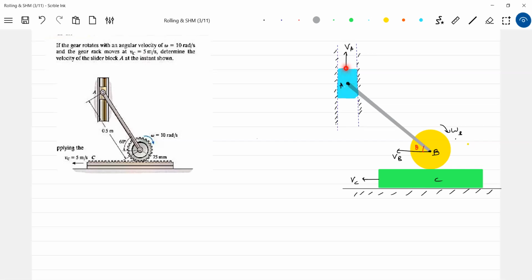If the point A moves up, if block A starts rising up, what do you expect of point B? If it goes towards right, what will happen to the length of the rod? It will increase, no? For the length of the rod to remain constant, point B must have velocity towards left.